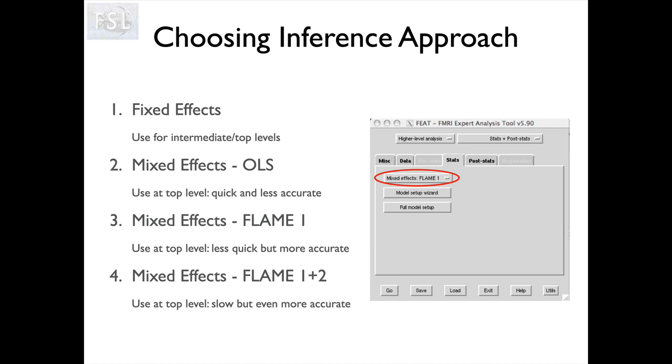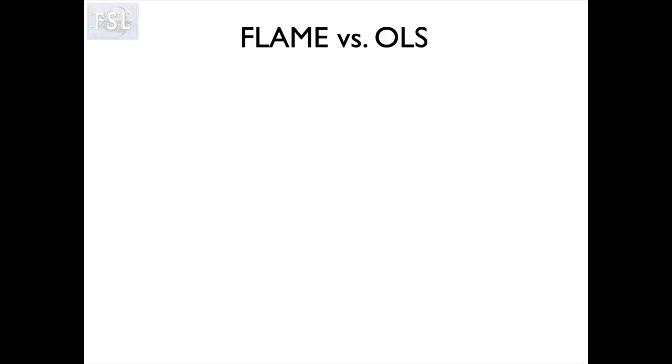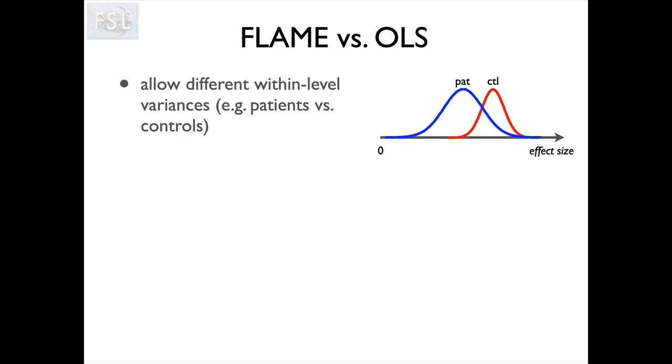Option 2 is a thing called ordinary least squares, or OLS, and that is different from FLAME in several ways. One of them is that FLAME allows us to have different variances for different groups.